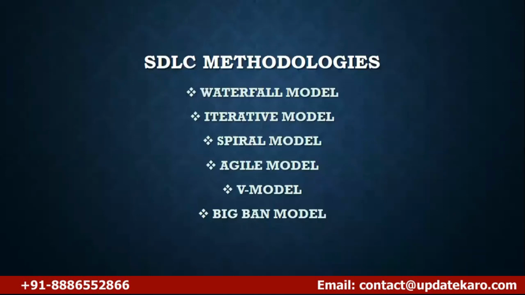As you all know, for SDLC we have different methodologies: waterfall, iterative, spiral, agile, V, and big bang model. Nowadays, all the reputed organizations follow waterfall, agile, or the V model.